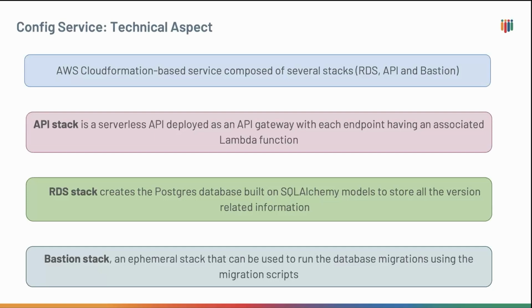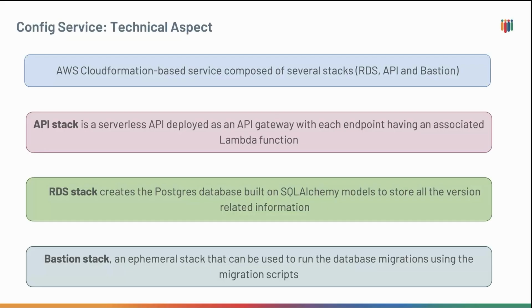Let's now briefly go over the technical aspects of ConfigDB. Currently, ConfigDB is built using AWS CloudFormation, composed of several AWS stacks, namely RDS, API, and Bastion. The API stack is a serverless API exposed through the API Gateway, where each endpoint is backed by its own Lambda function.